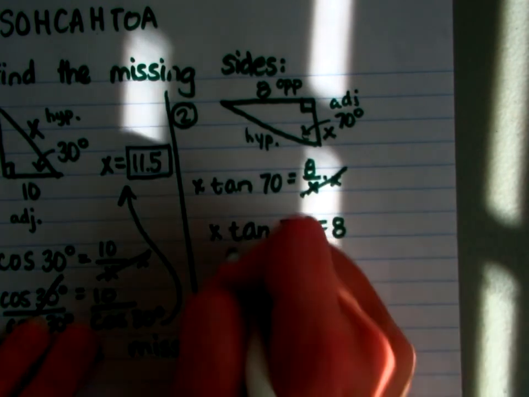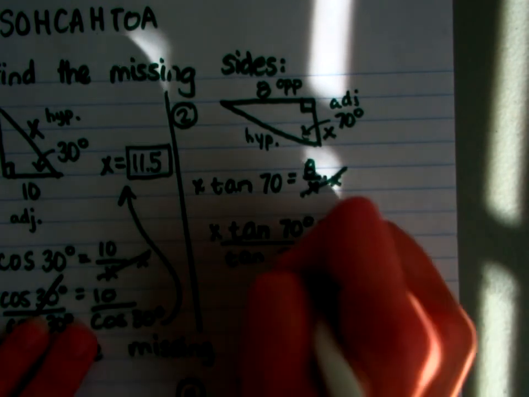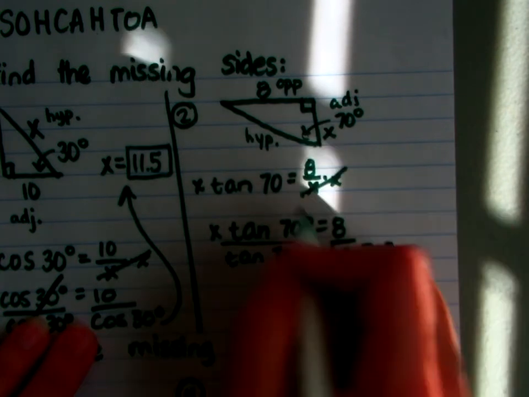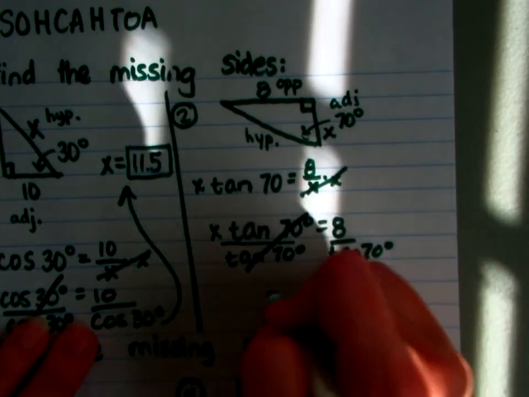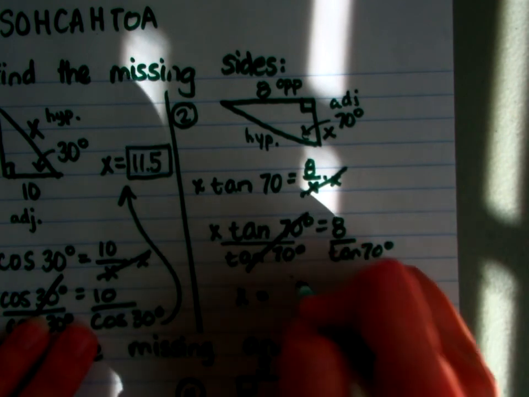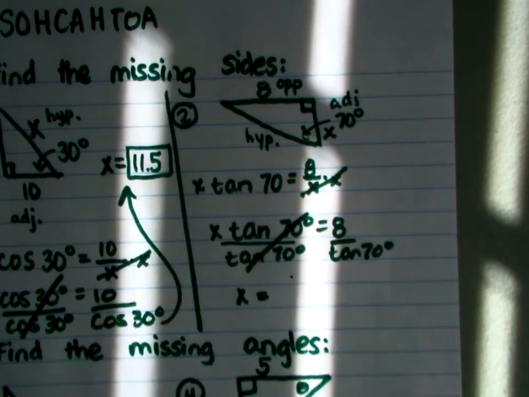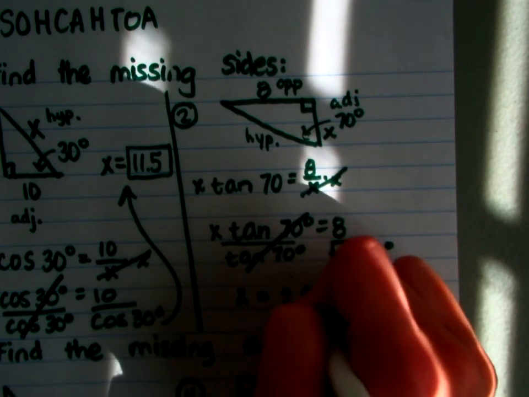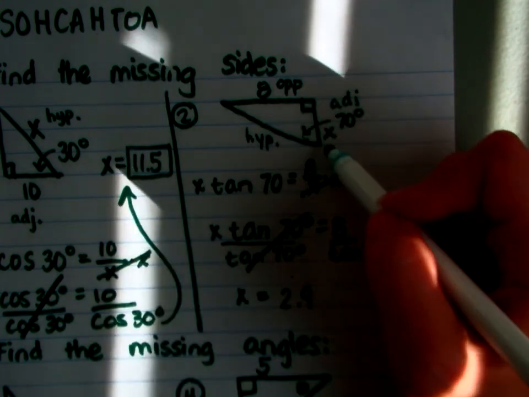Then we divide both sides by tangent of 70 degrees. The tangents cancel, and x equals 8 divided by tangent of 70. Putting that in my calculator, we get that the value of x is about 2.9, so this side length is about 2.9.